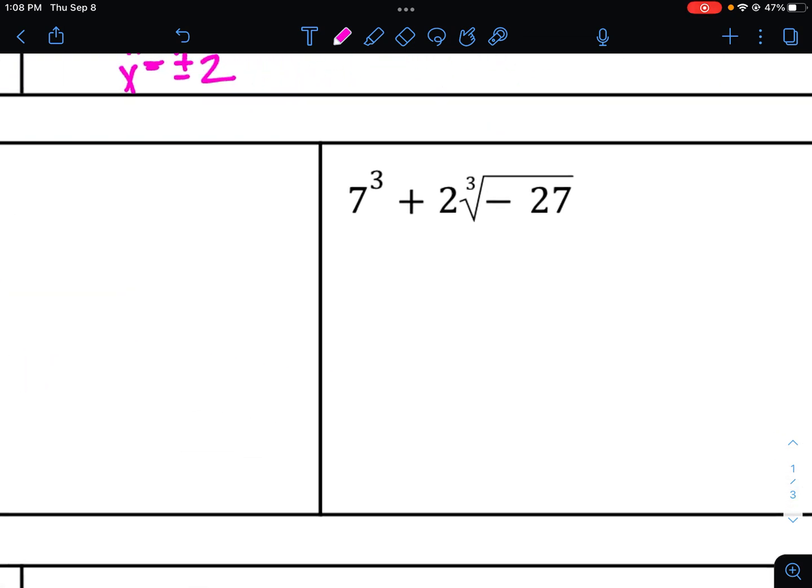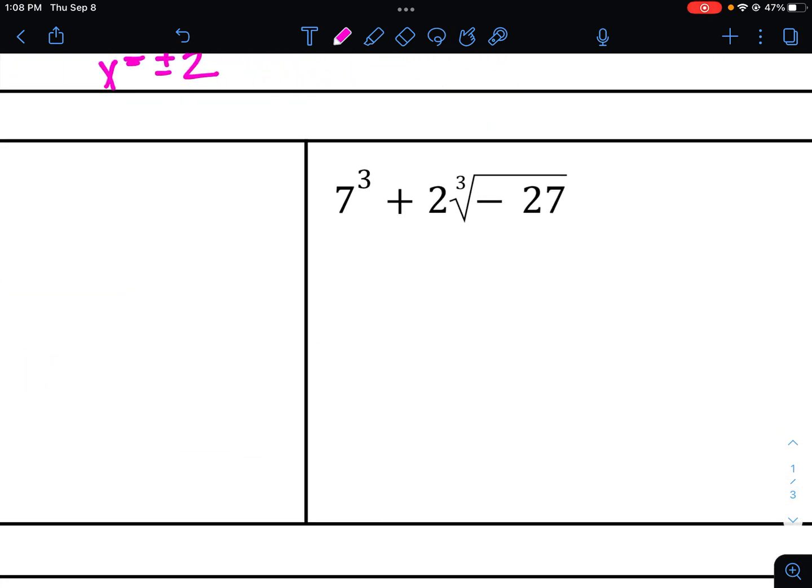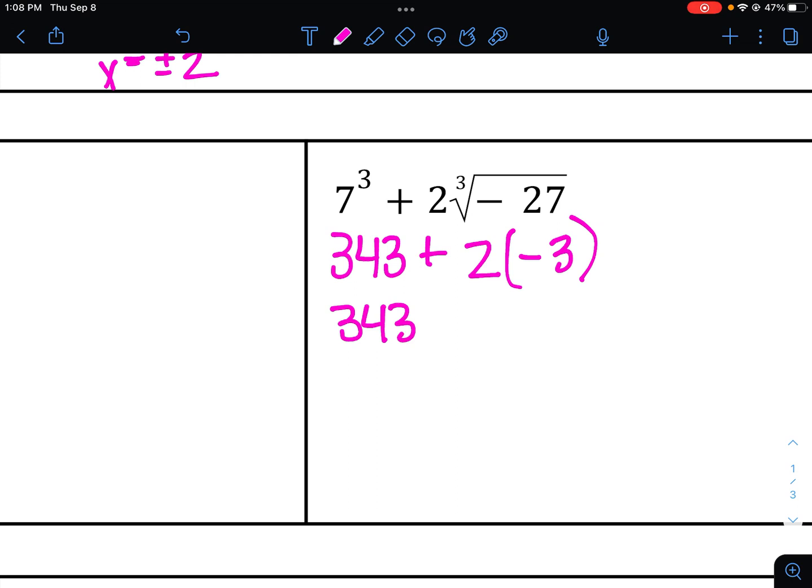And then checking the last one, the negative cubed root. So you can kind of do 2 for 1 here. You can do 7 times 7 times 7 in expanded form to get 343. Plus 2 times the cubed root of negative 27, which would be negative 3. So 343 plus negative 6, which means you're subtracting from 343 to get 337.